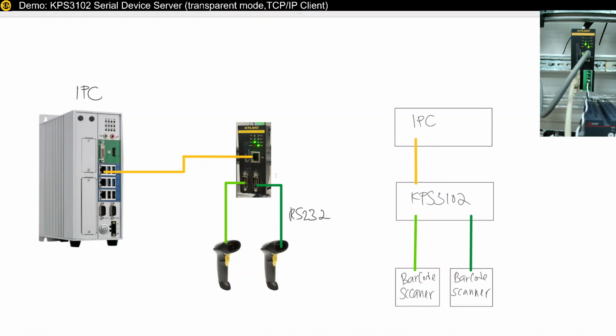Or you may have multiple barcode scanners or devices while your IPC probably only supports up to two RS232 ports, so you can just keep on duplicating.